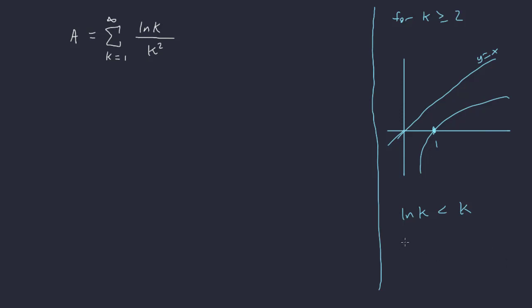However, if we have natural log k over k squared less than k over k squared, this gives us that the terms of our series are less than a divergent series. And being less than a divergent series doesn't tell us anything.